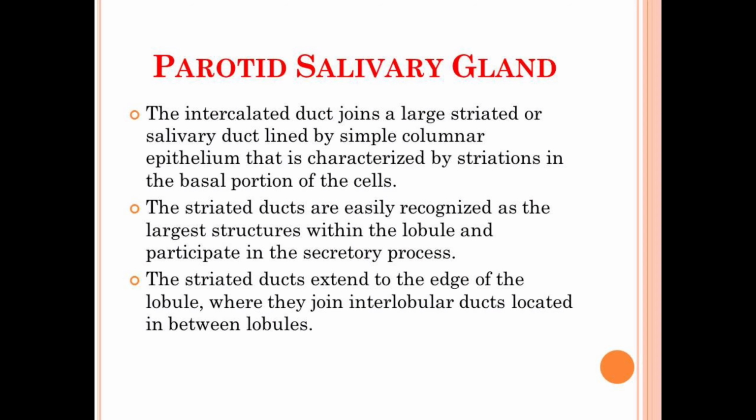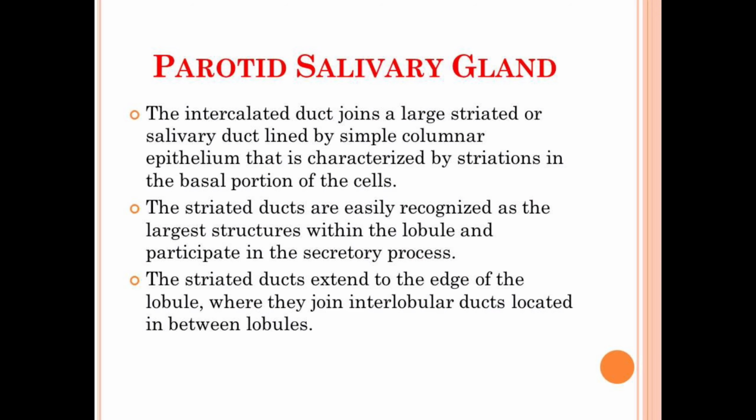The striated or salivary ducts are the largest structures found within the lobule and the only ones to participate in the secretory process. Now these salivary or striated ducts will extend to the edge of the lobule and join with the interlobular ducts located between the lobules.